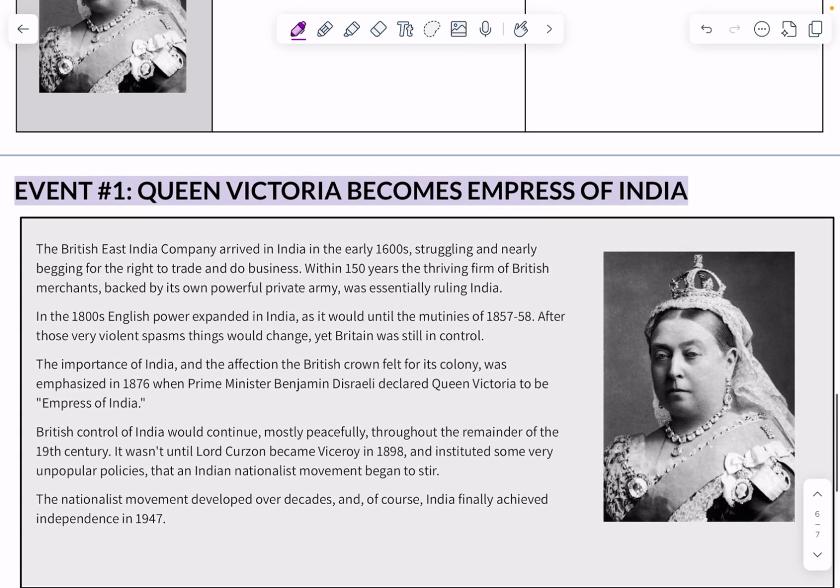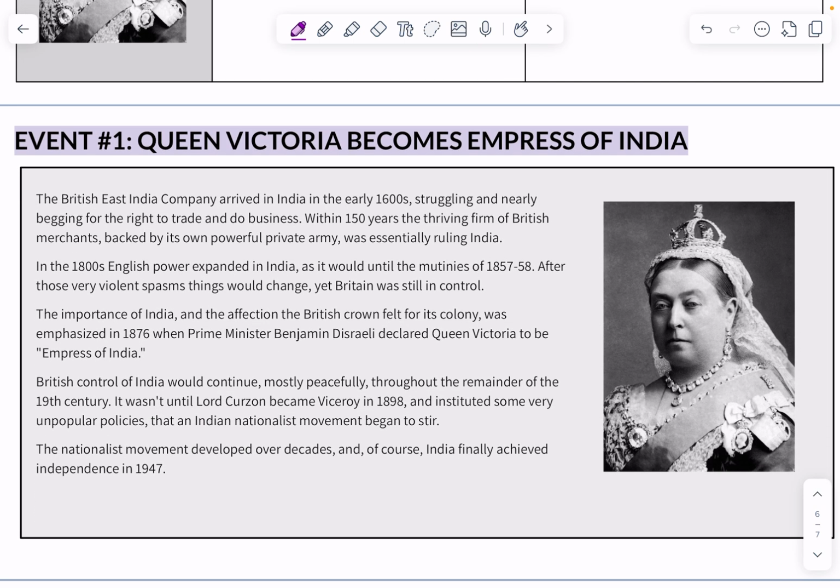Alrighty, so this is our little blurb. And this explains the event about Queen Victoria. So Queen Victoria becomes Empress of India. We have to figure out if this leads to change, continuity, or both. Let's take a look. So it starts.